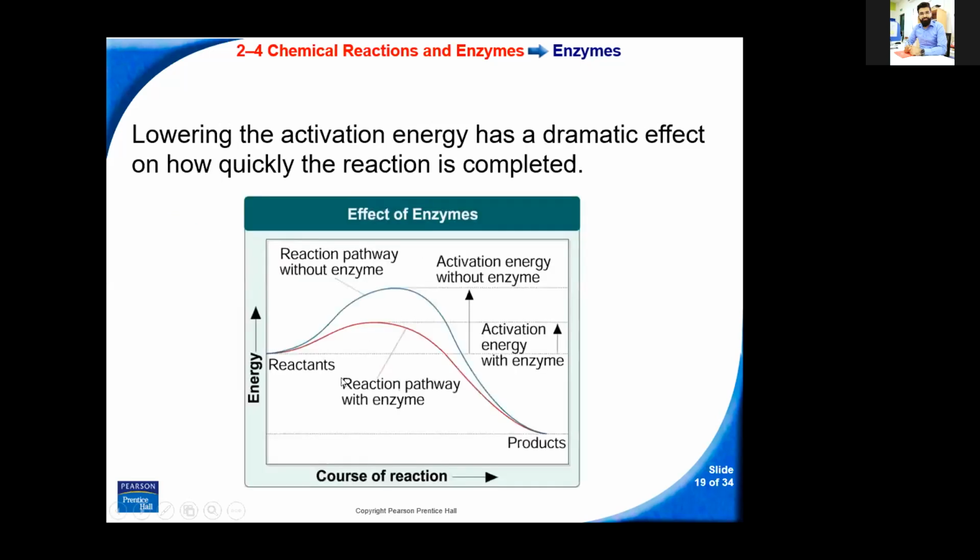Here, this is the graph, which is important to understand. As we say, the reactants need activation energy to become products. The activation energy is lowered by the presence of enzymes, okay? Activation energy without the enzyme would be higher than the activation energy with the enzymes.